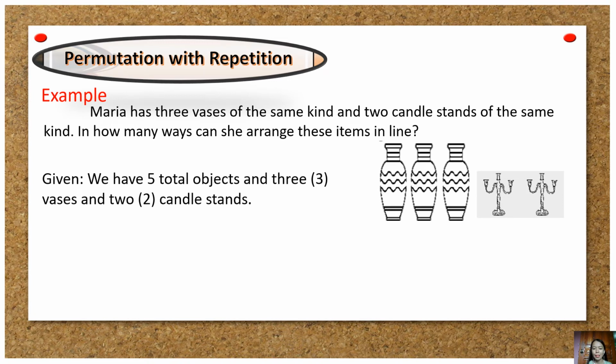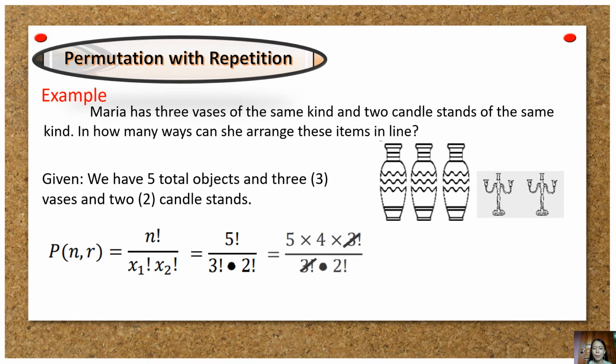Therefore, use the formula for permutation with repetition. N factorial over x sub 1 factorial times x sub 2 factorial. Ang n natin is 5 and yung x sub 1 is 3 for the vases and x sub 2 is 2 for the candle stands.